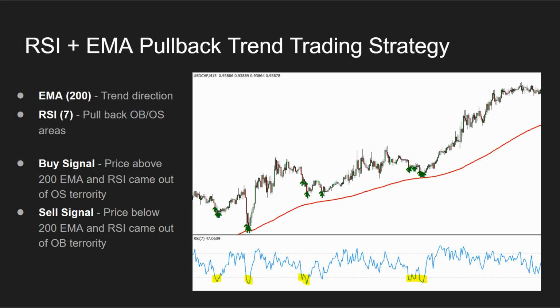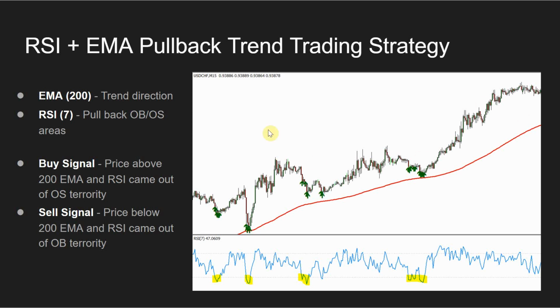Just to give you an overview, if you are new to what this trading strategy looks like, we utilize an EMA or an MA to clarify trend direction. The consensus that I found from the forums and videos is that the 200 EMA is a perfect example of a period that you can use to determine the trend direction.